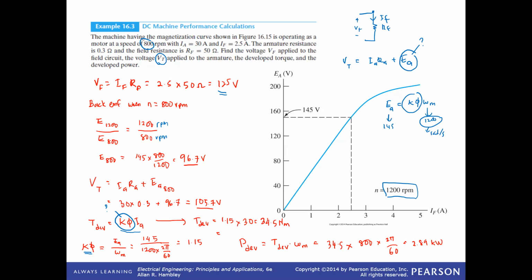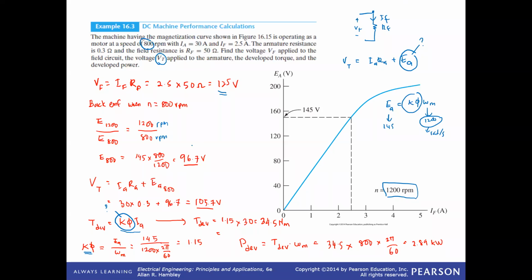And for the developed power, you can always use the equation from the mechanical part, which is the torque multiplied with the speed. So I will obtain 2.89 kilowatt. You can also calculate power using electrical parameters, which is EA multiplied with IA.